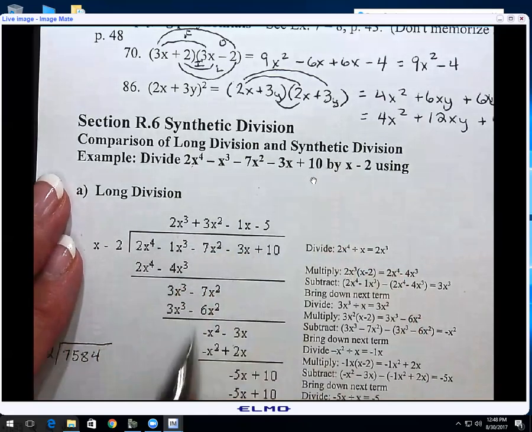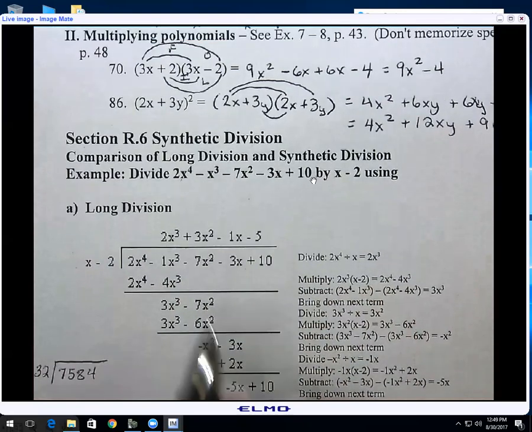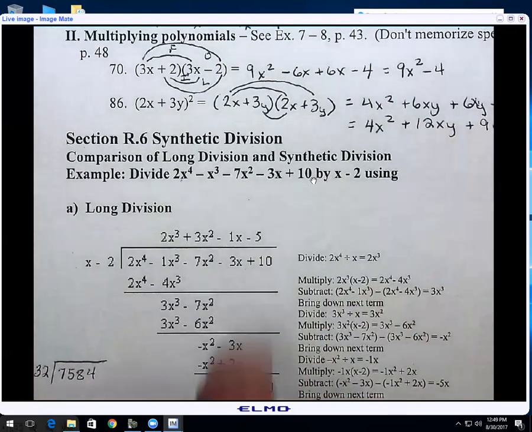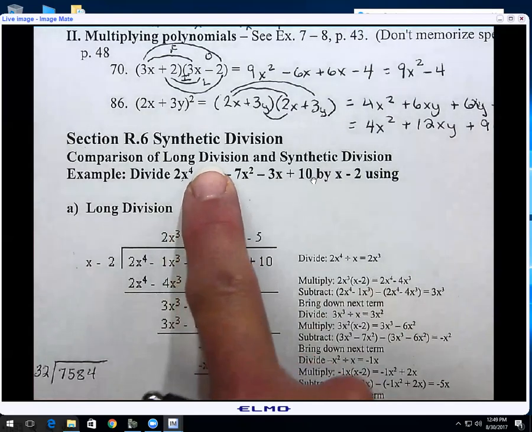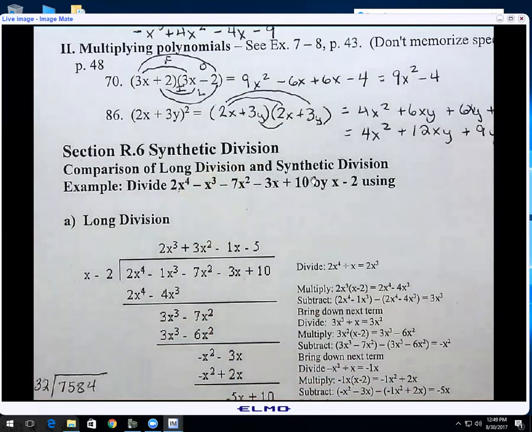And so when I do my division, all my like terms line up very pretty. If I was going to do this by synthetic division, and let's say I was missing an x cubed, if I don't notice I'm missing a term, and if I don't put a 0 in its place, my like terms don't line up when I do long division.